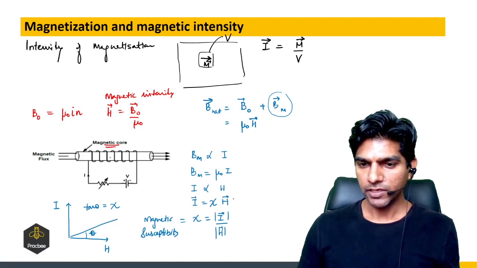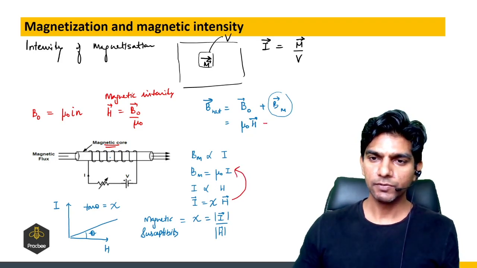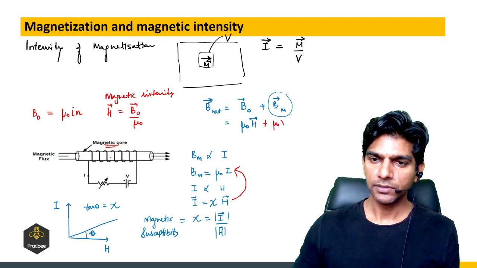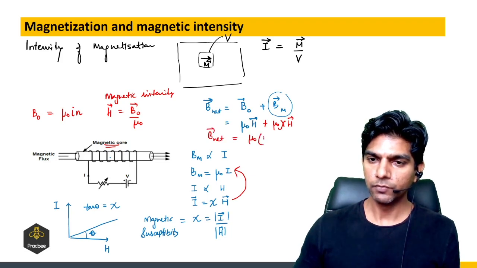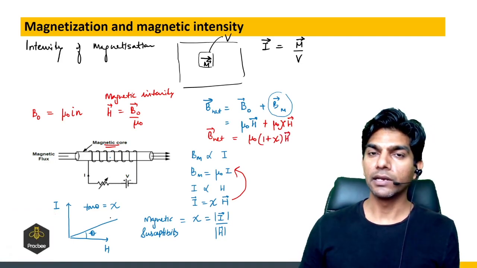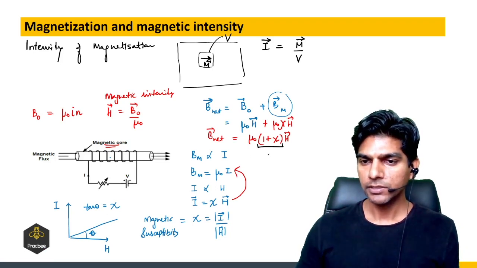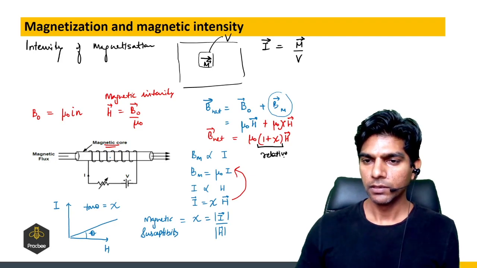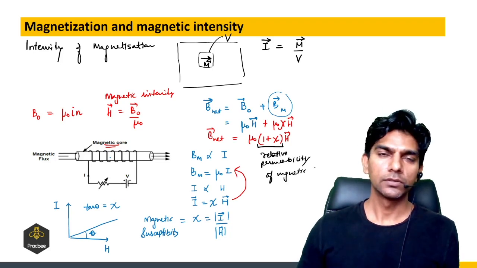Okay, right. Now if I substitute the I value in this equation, we will get Bm. So this will become mu naught times chi times H. So we can say the net magnetic field inside the material will be mu naught times (1 plus chi) times H. And 1 plus chi is nothing but the relative permeability of the core, right? So this is the relative permeability of the magnetic core.